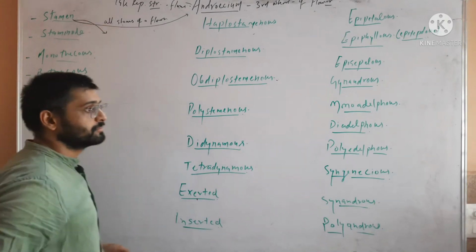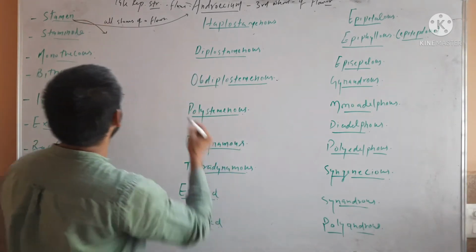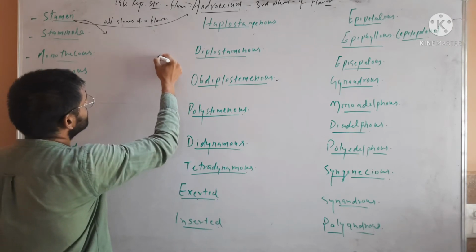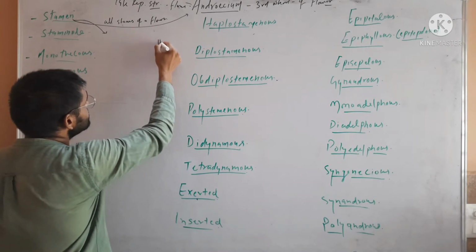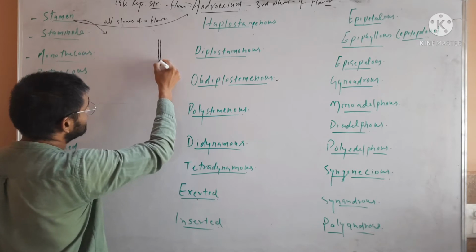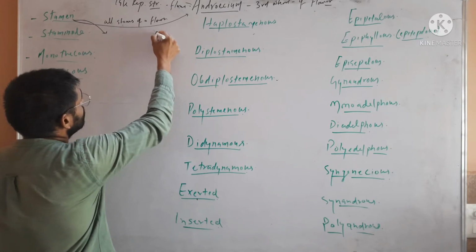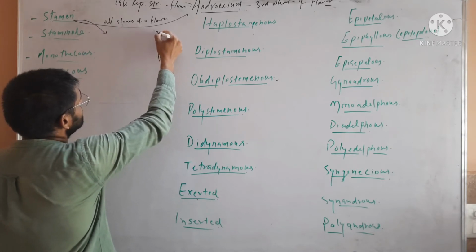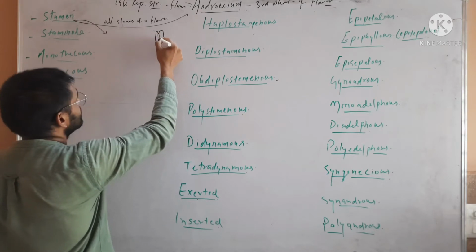This Androecium further consists of a thread-like structure, and on this thread-like delicate structure a globose head is present, like this.